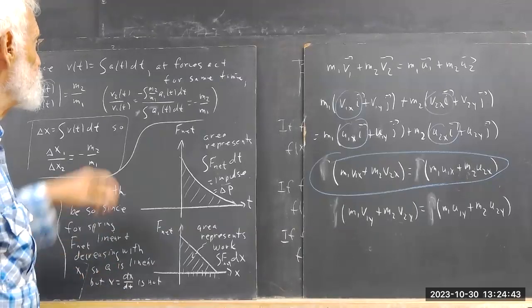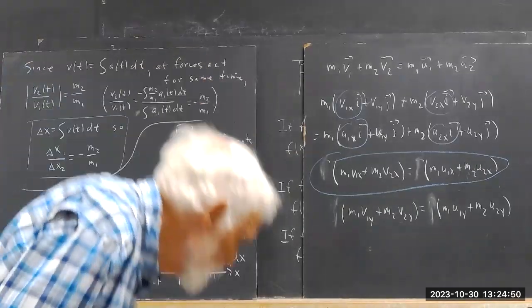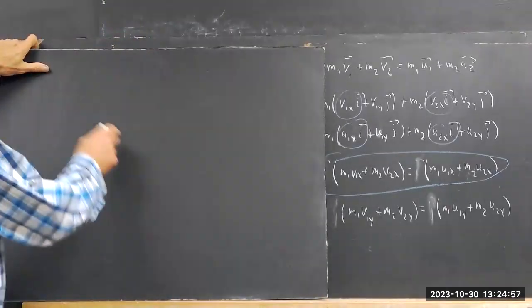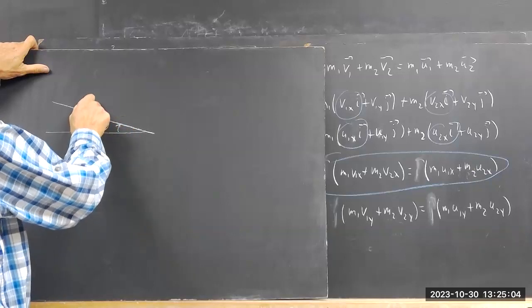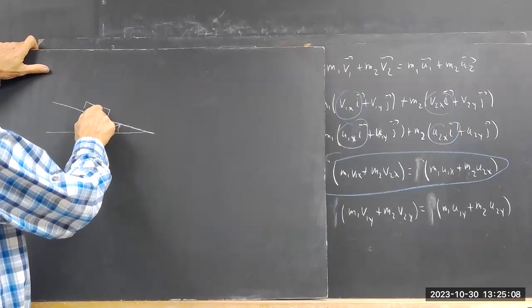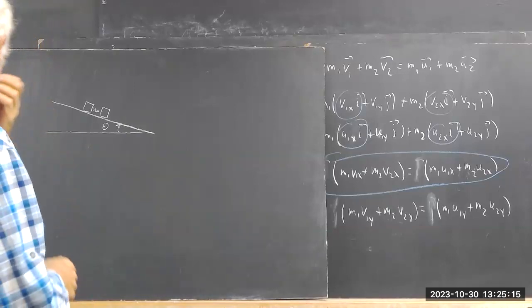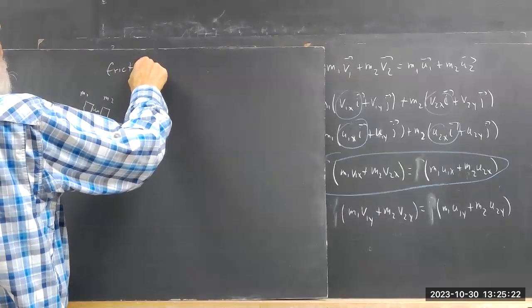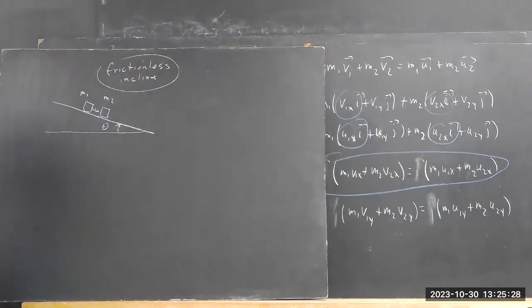Now, if the two blocks are on an incline, a frictionless incline, the net force is equal and opposite.